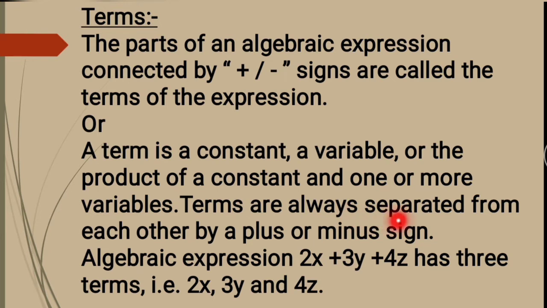Terms are always separated from each other by a plus or minus sign. The algebraic expression 2x plus 3y plus 4z has three terms, that is 2x, 3y, and 4z.